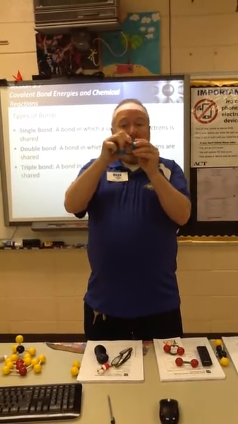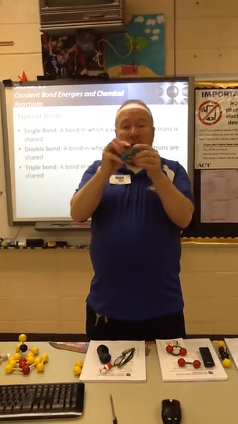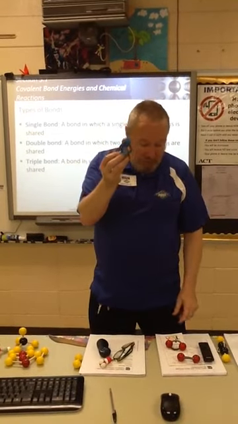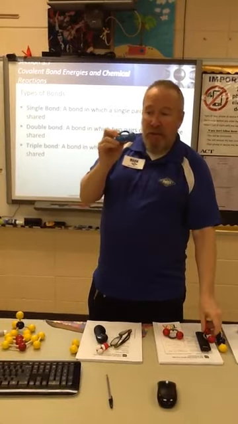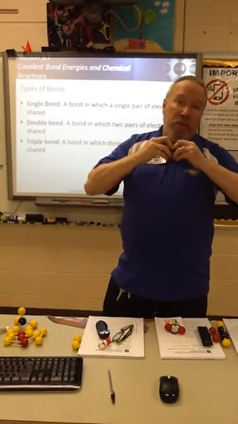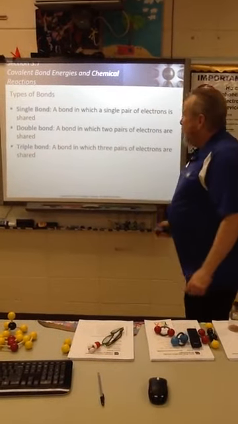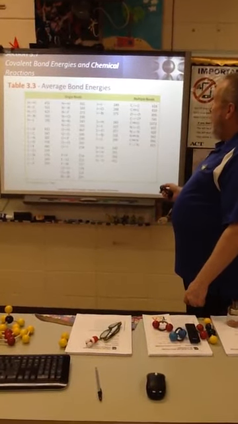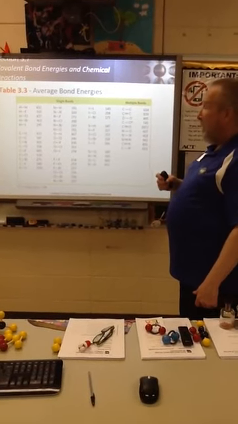Add a second bond, it grows shorter, but what happens when I add the 3rd bond? It grows even shorter. This molecule is much shorter than my double bonded oxygen, and it's held together much more strongly. So higher energy in a triple bond and shorter distances.